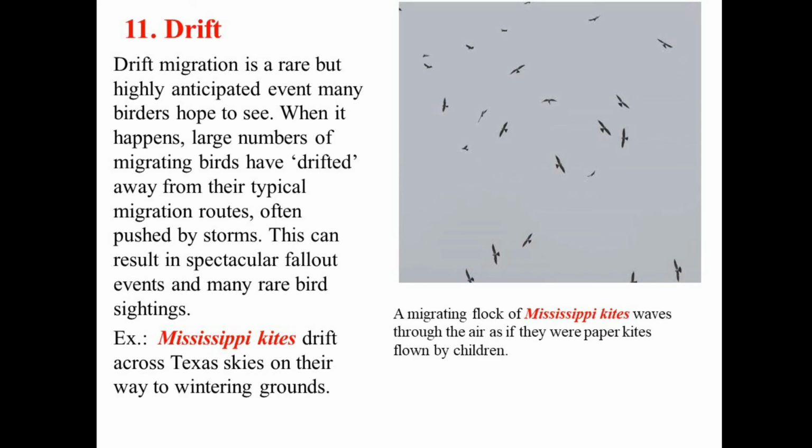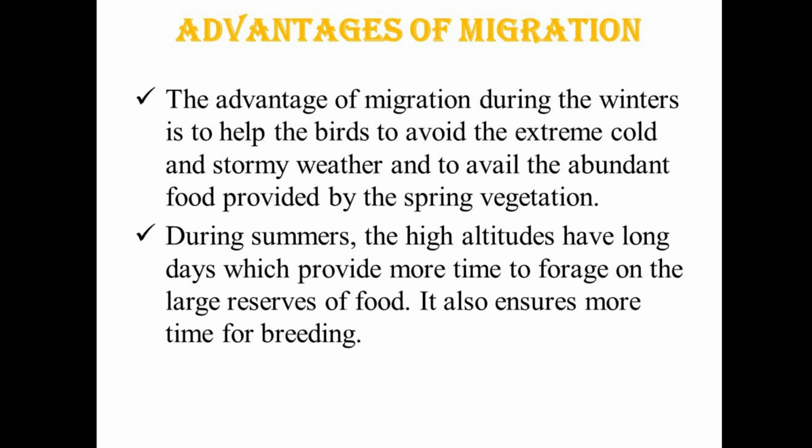An example is the Mississippi kites, which drifted across Texas skies on their way to wintering grounds. In this picture, migrating flocks of Mississippi kites wave through the air as if they were paper kites blown by children.